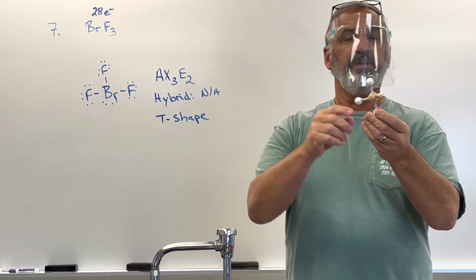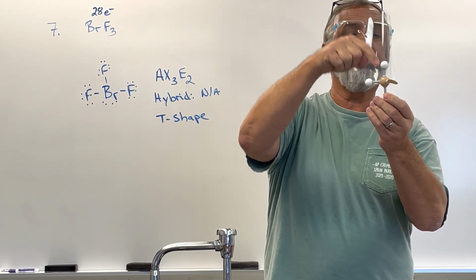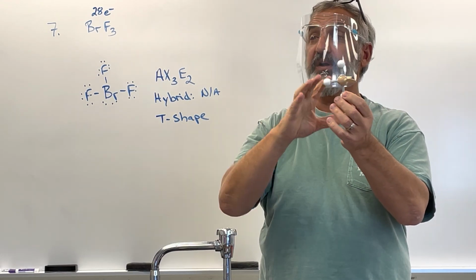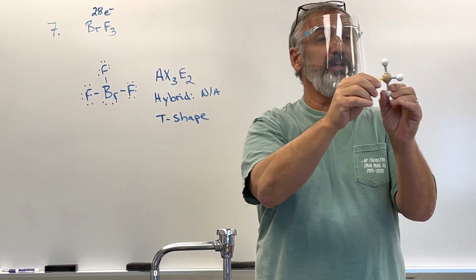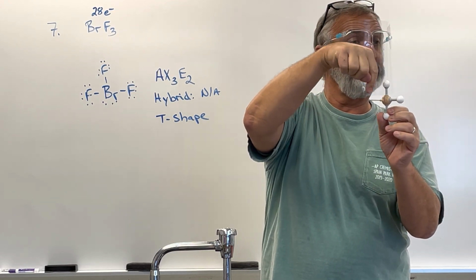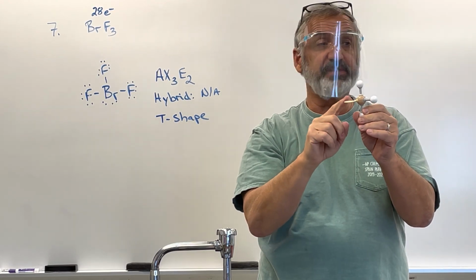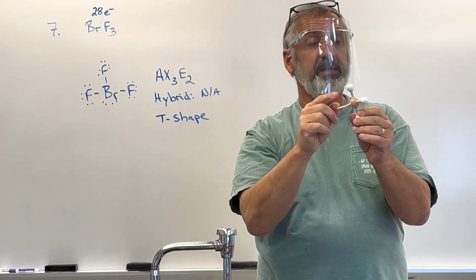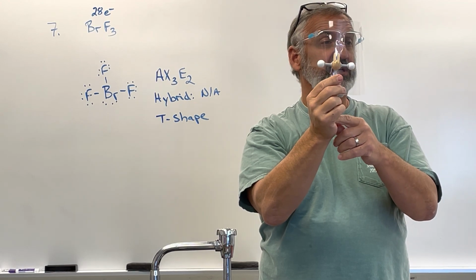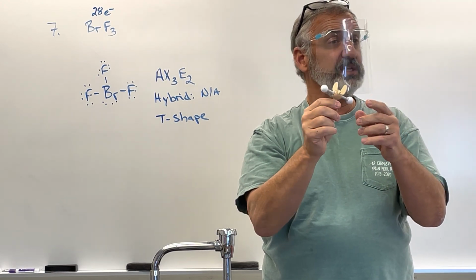You have your 5 electron pair domains: 1, 2, 3, 4, 5. They're still at the points of a trigonal bipyramidal, but 2 of them are lone pair. The lone pairs always come out of the equatorial position on this one because there's 120 degrees versus only 90 degrees. That ends up making it T-shaped here. We take one more off, it's going to be linear.